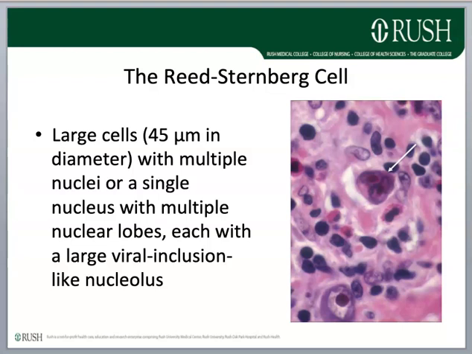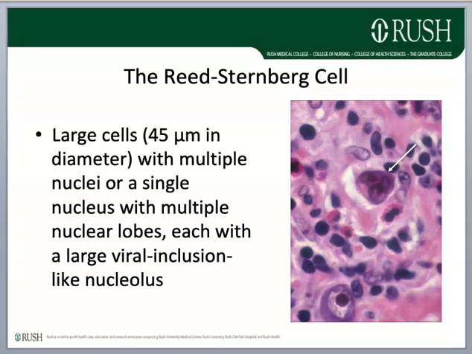These are large cells. You can see the size of the cell on the arrow, and adjacent small mature lymphocytes in the background for comparison. And you can see that this cell is roughly 4 to 5 times the size of normal lymphocytes. So these are large cells that measure up to 45 micrometers in diameter.